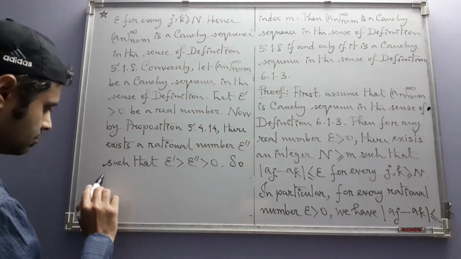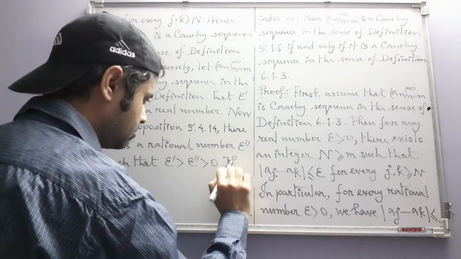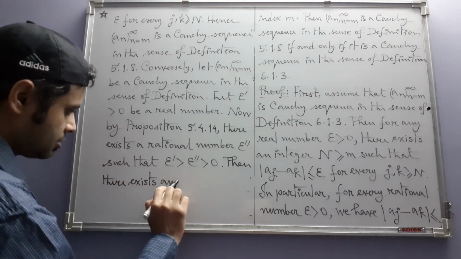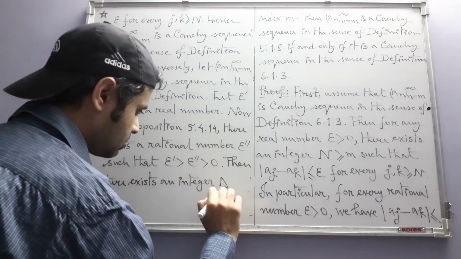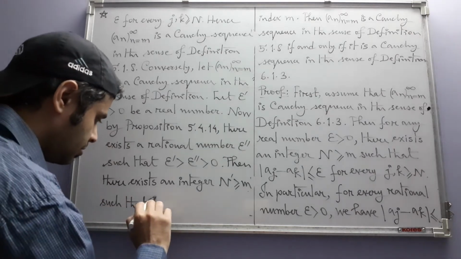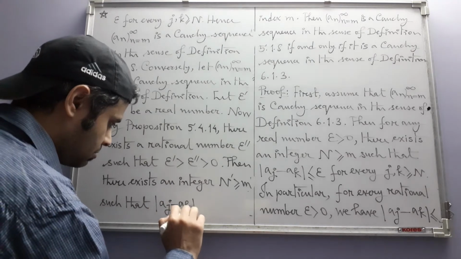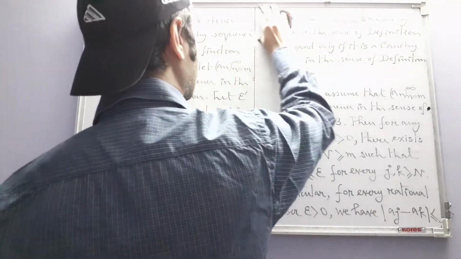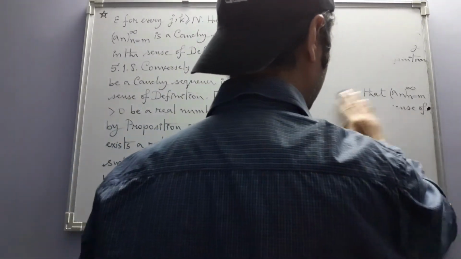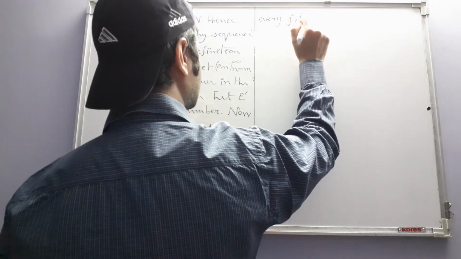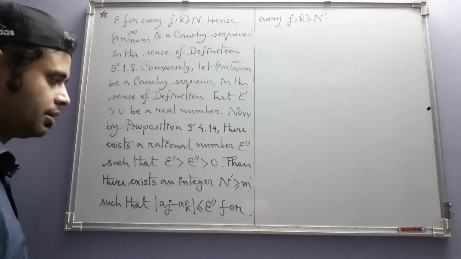So let's write then: there exists an integer n prime greater than or equal to m such that this absolute difference is less than or equal to epsilon double prime for every integers j and k greater than or equal to n prime.